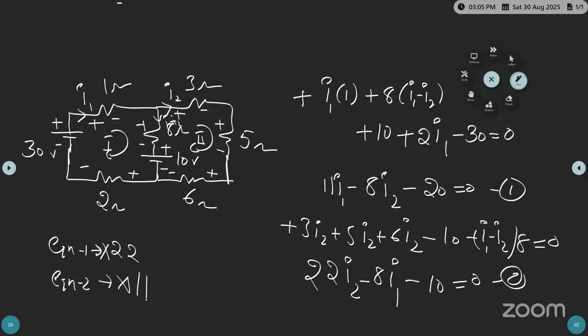Second equation: 22 I2 minus 8 I1 minus 10 is equal to 0. Minus 8 I1.